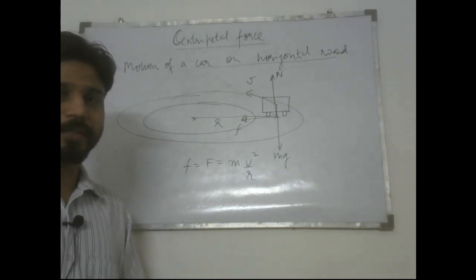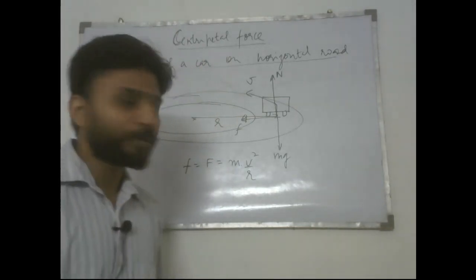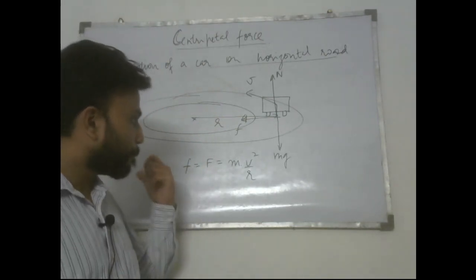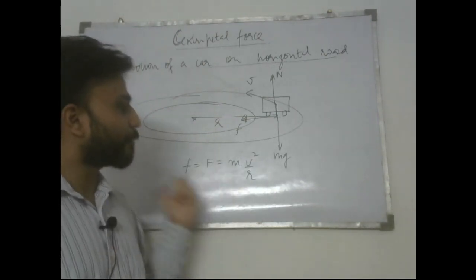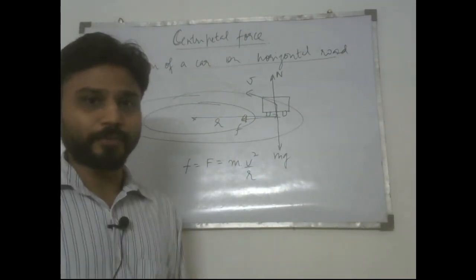So this is the expression we were trying to obtain: what is the friction acting on the car, and what is the relation of friction with velocity and the radius of the circle in which the car is moving.